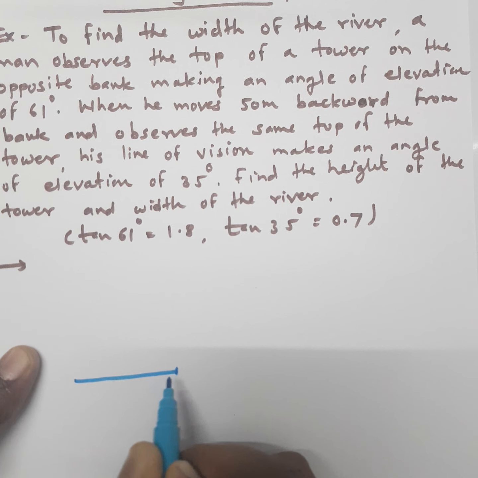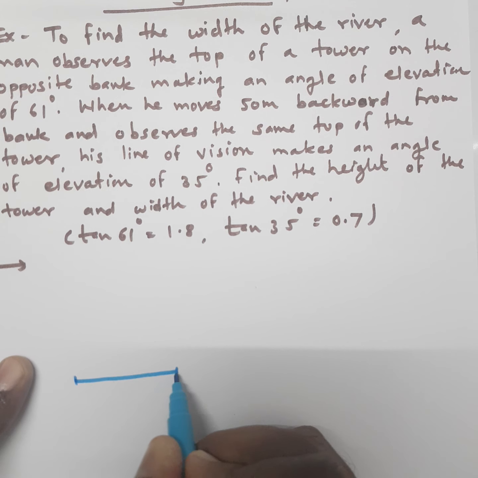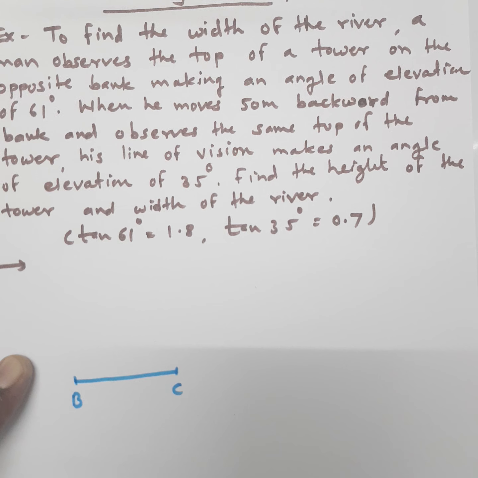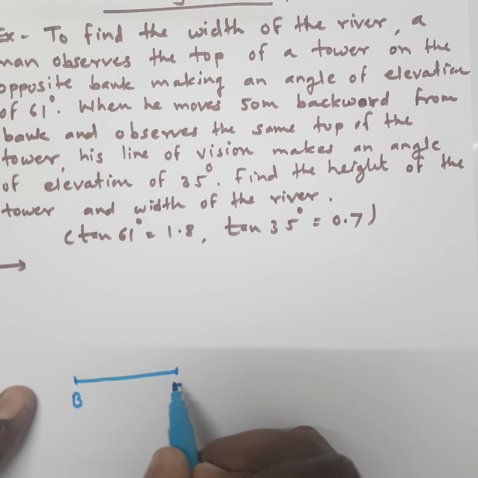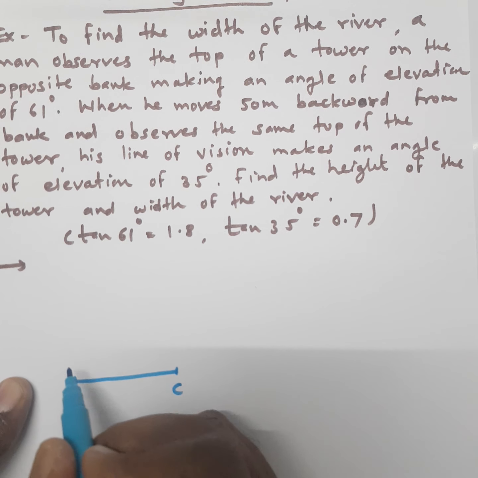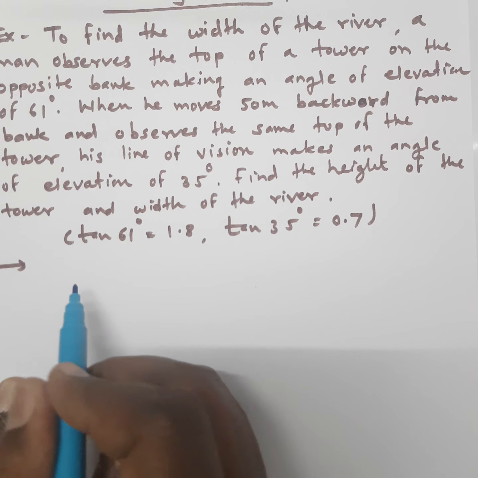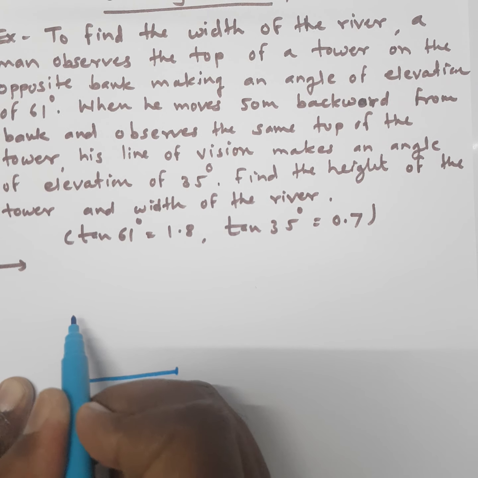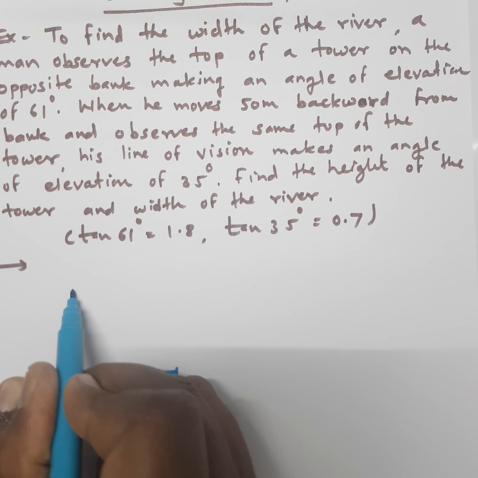Suppose BC is the width of the river and the man is standing at point C and observes towards the tower on the opposite bank of the river.